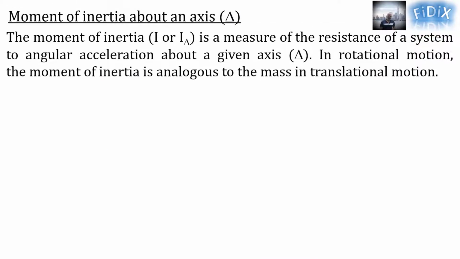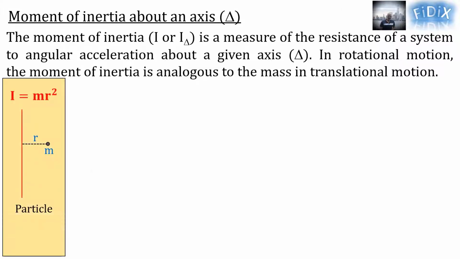The moment of inertia, denoted by I or I delta, is a measure of the resistance of a system to angular acceleration about a given axis delta. In rotational motion, the moment of inertia is analogous to the mass in translational motion.